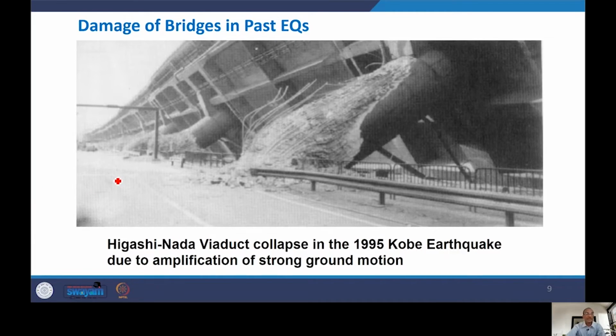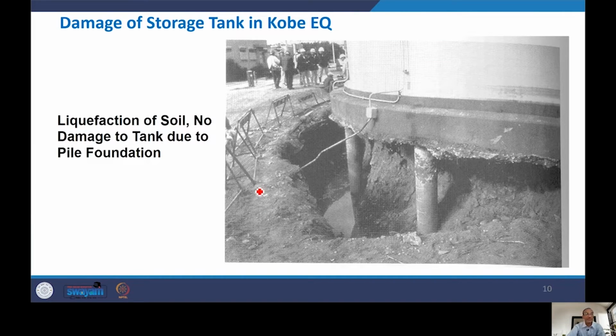Now there is another example, also from the Kobe earthquake, and I think we discussed this when we talked about liquefaction. This is a typical example where it is said that when your structures are situated on pile foundations or deep foundations, they survive. The tank was situated on pile foundations.